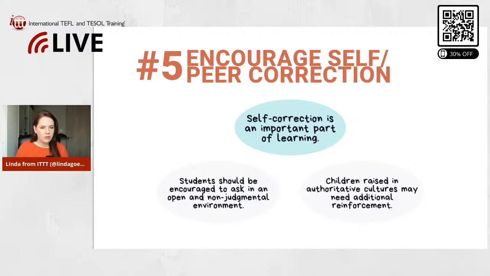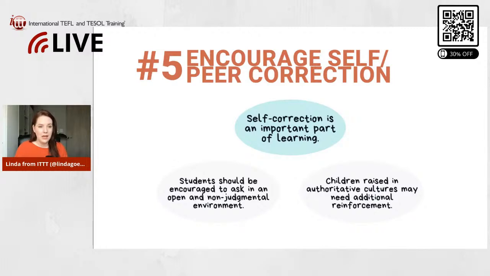And with peer correction, what you could do is, if someone says something wrong, the wrong grammar, the wrong word, whatever it may be, don't correct them too quickly. Oh, that's also something I wanted to mention. Don't offer them the correct answer to their mistakes too quickly, and this goes for all students.